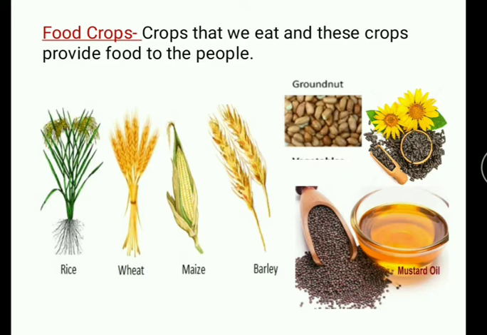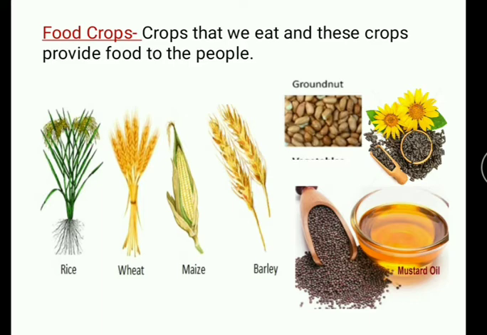Now you can see here the pictures of rice, wheat, maize and barley. In our daily routine food, either for lunch or for dinner, we are using these grains. If I take rice, India is the second largest rice producing country in the world after China.